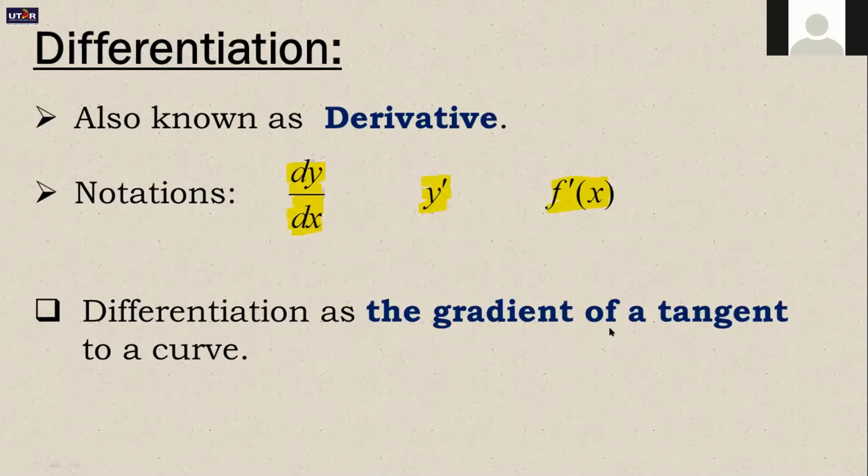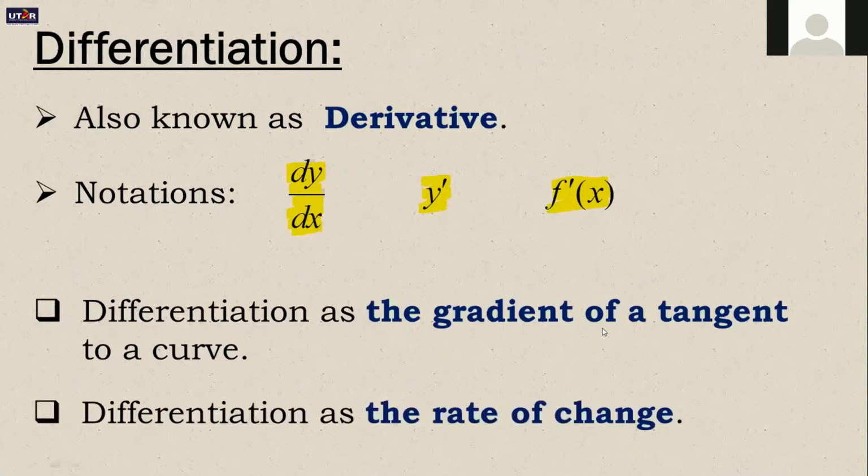The second meaning of differentiation is the rate of change, which is another application. So most of the time when we find dy over dx or dy over dt or y prime or f prime, it means the gradient of the tangent or the rate of change.